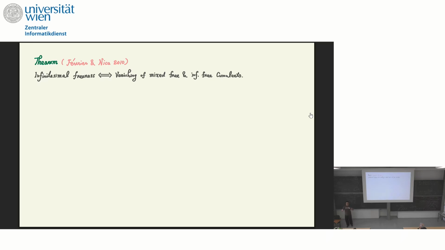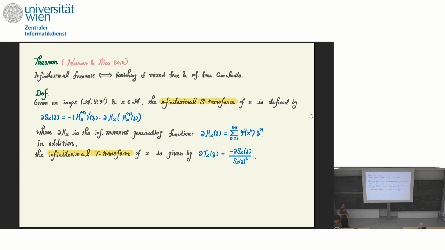Now we know we have the T coefficient for the free case, so we are looking for the infinitesimal version of that. Before that, let's start with this: given an infinitesimal non-commutative probability space, the infinitesimal S-transform is given this way.